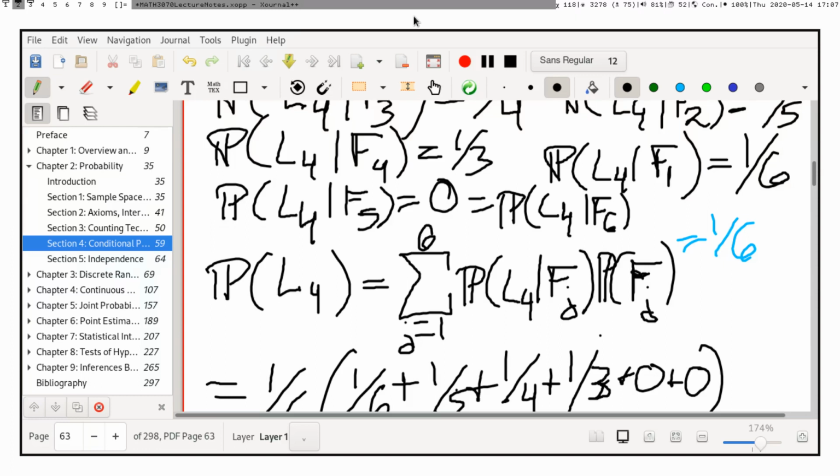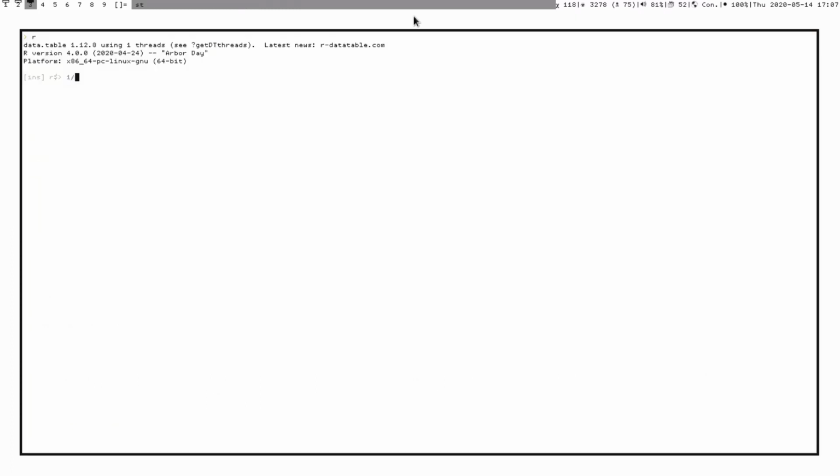Okay, give me a second. All right, so we got 1 divided by 6 times 1 divided by 6 plus 1 divided by 5 plus 1 divided by 4 plus 1 divided by 3. So it appears to be a repeating 3. In fact, let's verify that by taking this thing out to its entire precision.